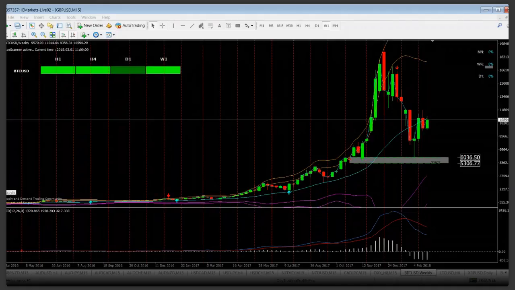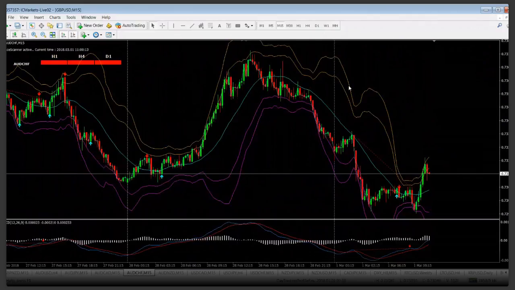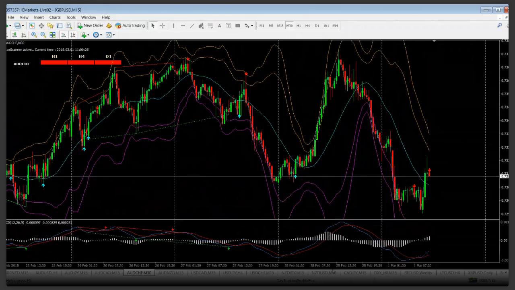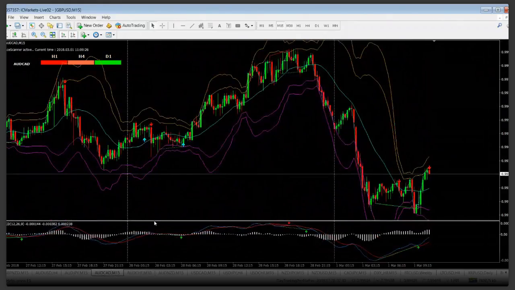Aussie Swiss franc sell. So we could have our first trade of the day, Aussie, if this 30-minute arrow stays. I'm getting signals on the Aussie pairs, short term on the Aussie CAD.